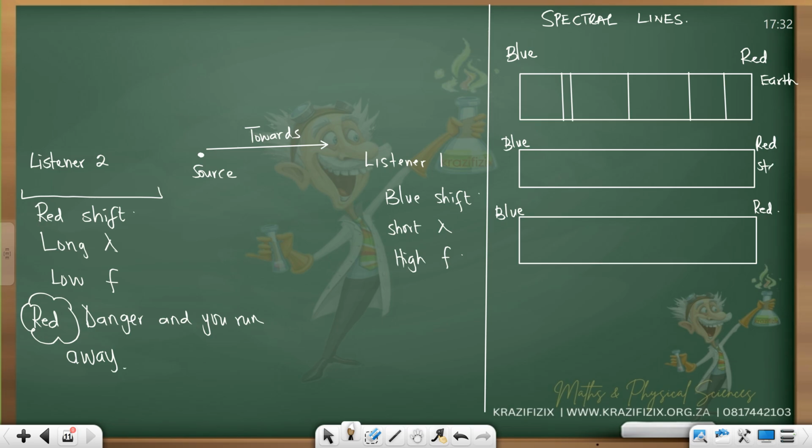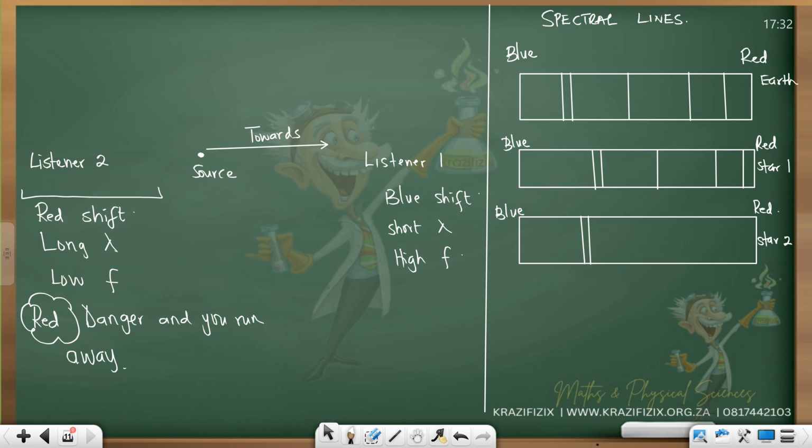Let's call this star 1 and star 2. Reference being the Earth. Please look at my pattern very well, because the pattern is very, very important.